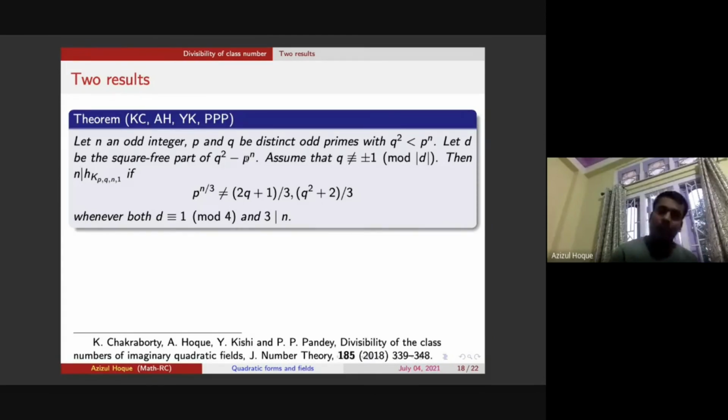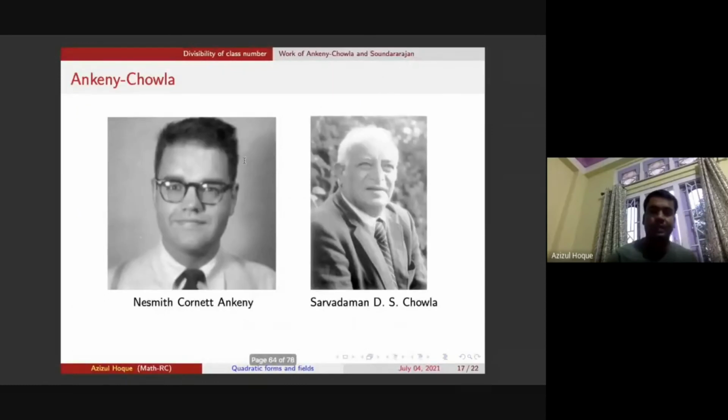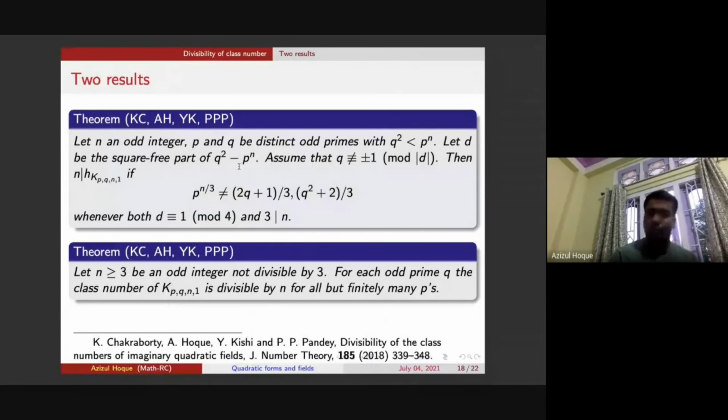But if I allow this p to be some other integer, not prime, in that case it is quite difficult to handle. And that is why I'm trying to use this correspondence to get this problem done.